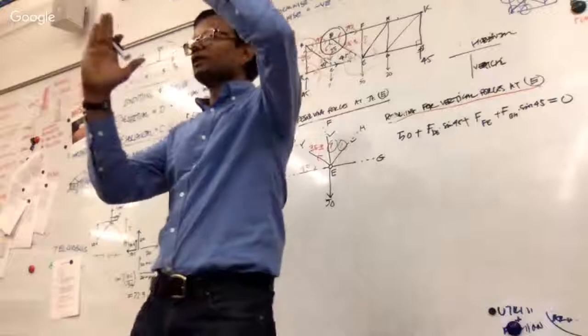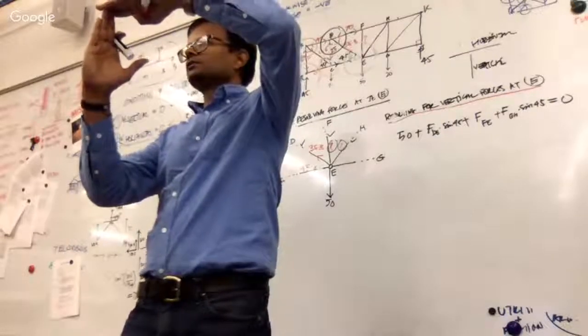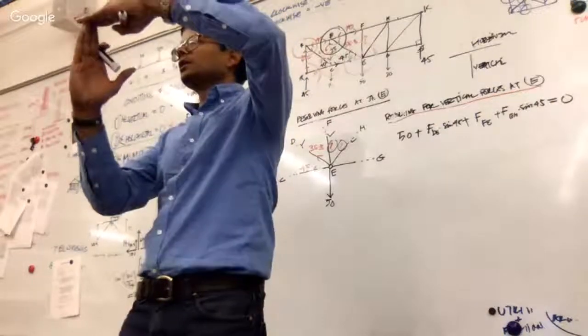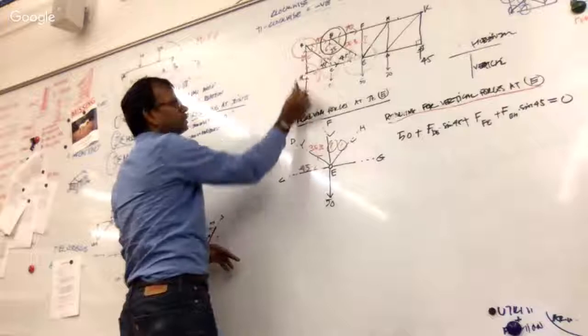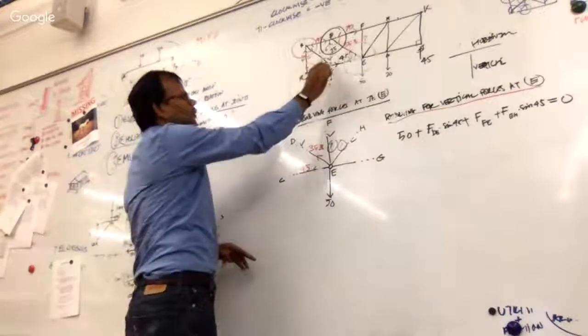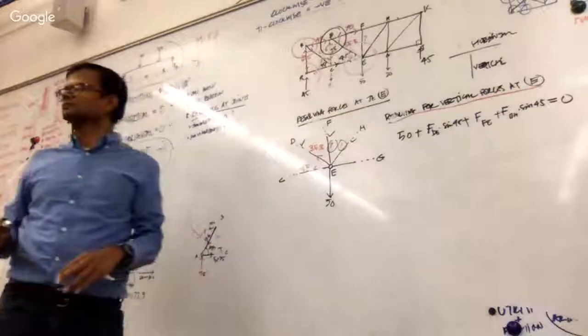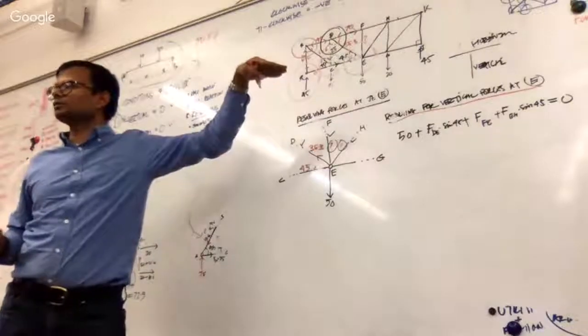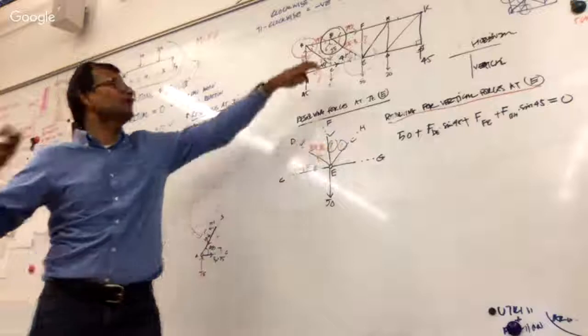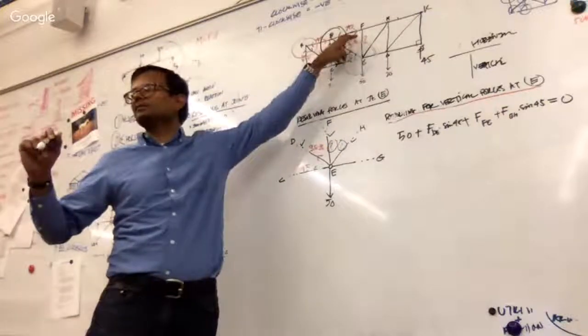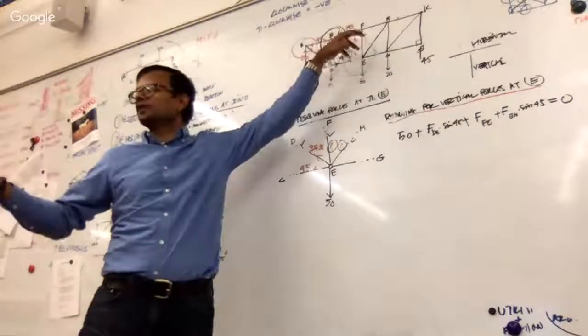A purely vertical force will never turn into a horizontal force. Just like at A there was a force of 45, it could not go into AC, because AC is horizontal. So as you're solving this, that's why it's important to keep making that diagram.